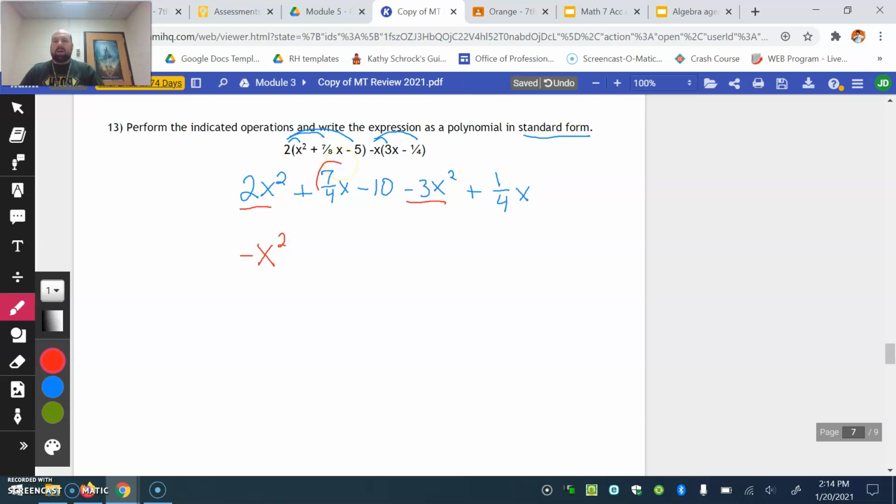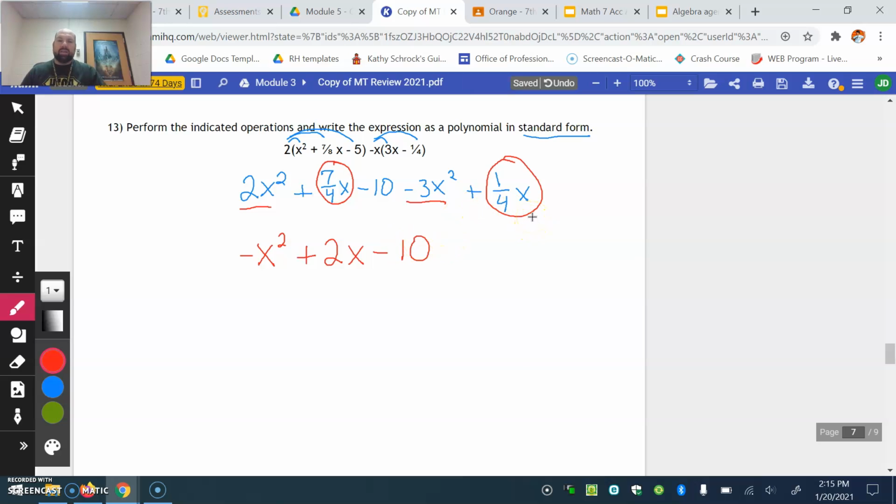Then my 7/4 x and 1/4 x combined to give me 8/4 x. 8/4 is 2x. And then there's nothing for the 10 to combine with, so minus 10, and I am done.